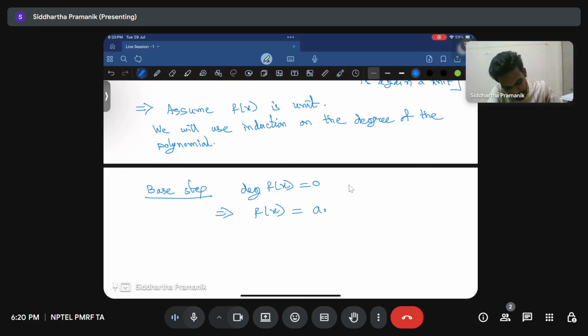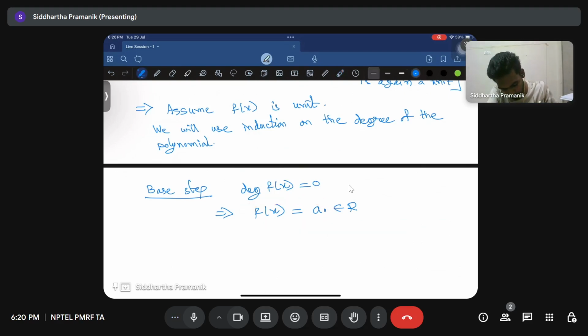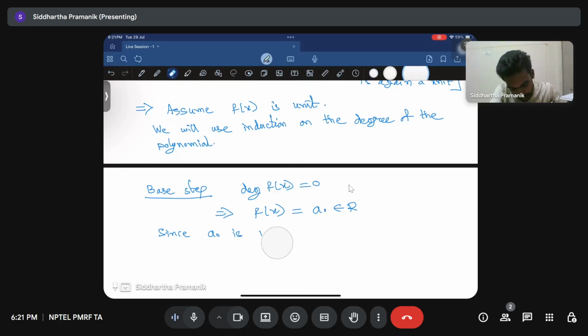This is an element of the base ring R. Now this is a unit, so its inverse should be a constant element. Since a0 is a unit and all other coefficients are 0, we have nothing to prove. So the base step is done.